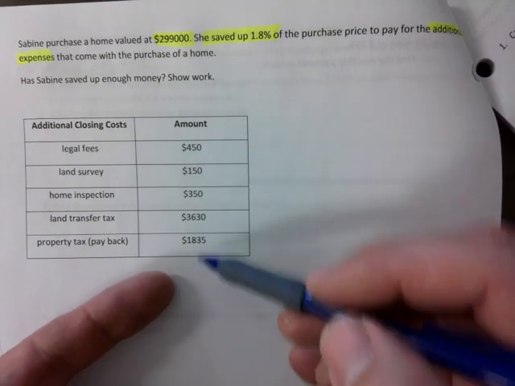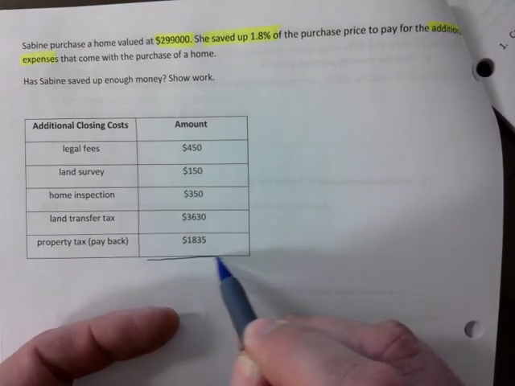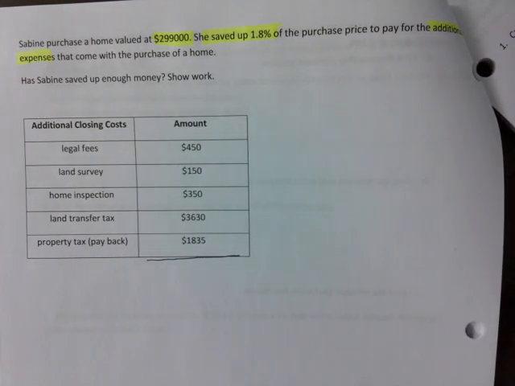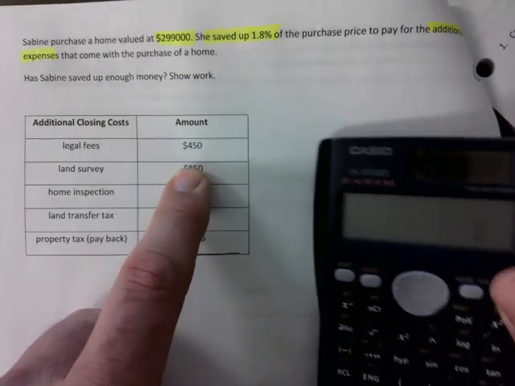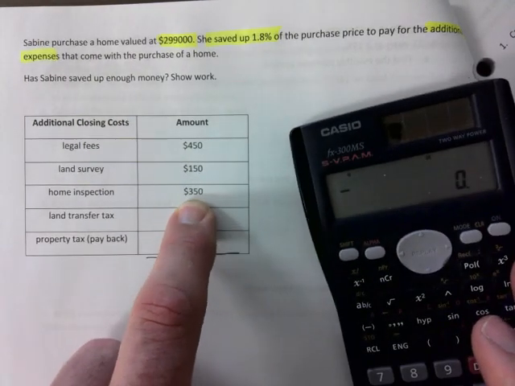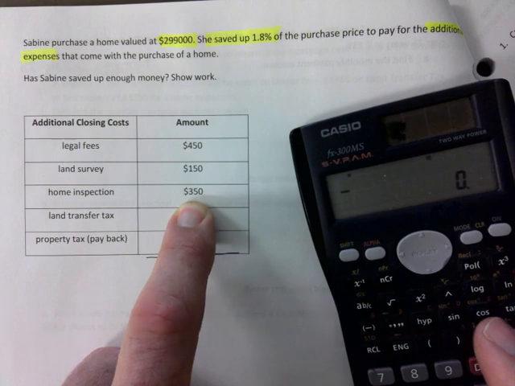Okay, so let's add this up. I don't think I assigned this, did I? Let's add it up real quick. 450 and 150 is 600 plus 350 is 950.